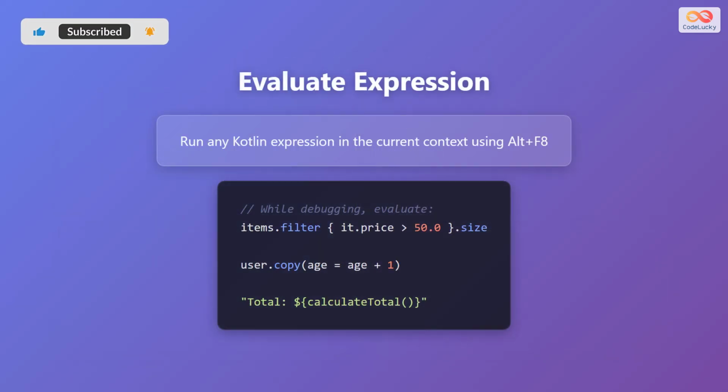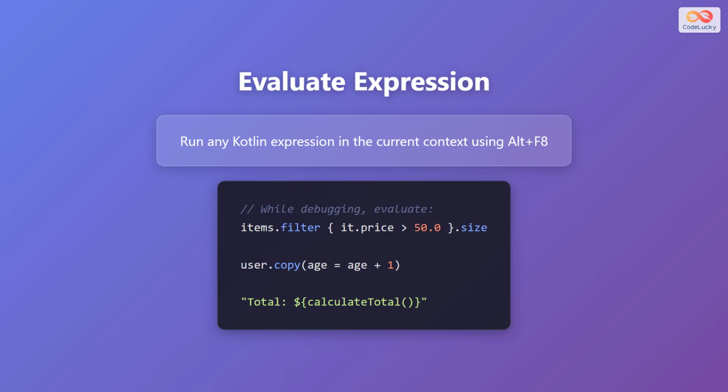The Evaluate Expression feature is incredibly powerful. By pressing Alt plus F8 while debugging, you can run any Kotlin expression in the current context. For example, you can filter a list of items based on a condition, such as finding all items with a price greater than 50.0. You can create modified copies of objects using the copy function with different property values.